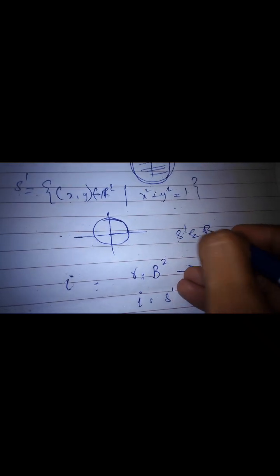According to the definition of inclusion map, S1 is a subset of B2, and the inclusion map from subset to superset satisfies i(s) equals s for all s belonging to S1.